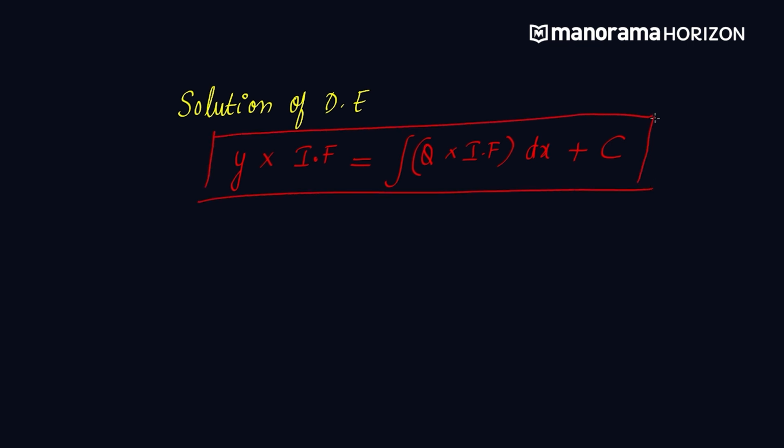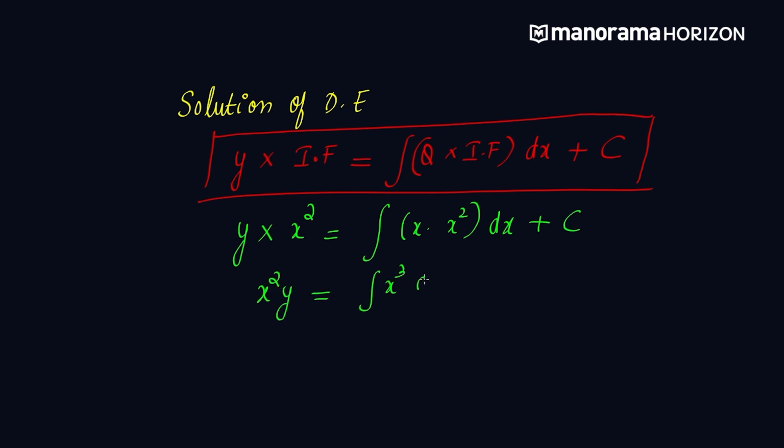Now for this particular question, find the solution. So our integrating factor is x square. So y into x square is equal to integral q is x into x square dx plus c, that is x square y is equal to integral x cube dx plus c. Again integrating, x square y is equal to x raised to 4 by 4 plus c.